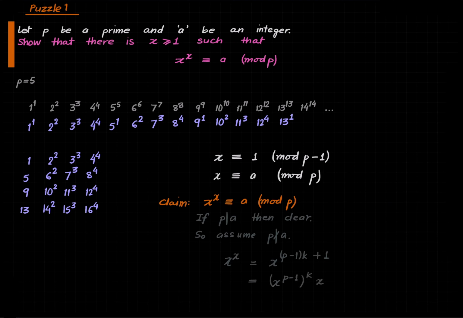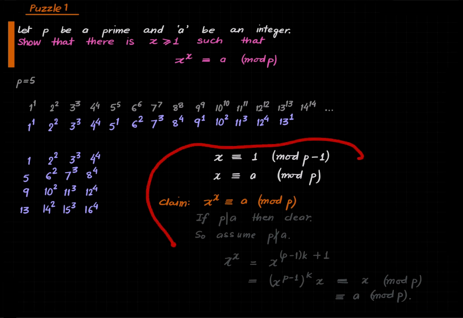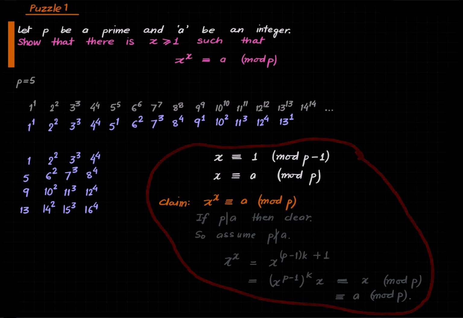And since x is relatively prime to p, this is congruent to 1 mod p. Therefore, this is congruent to 1 mod p, and all we are left with is x. So this is congruent to x mod p by Fermat's little theorem. And hence, this is congruent to a mod p. And that solves our problem. So we have expressed the same idea, but somehow this may betray the simplicity of the solution.